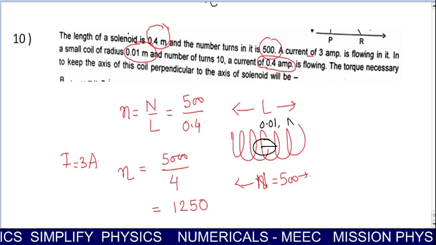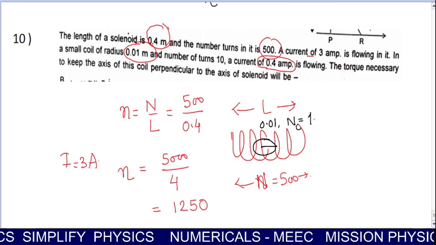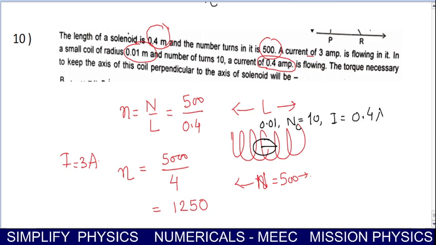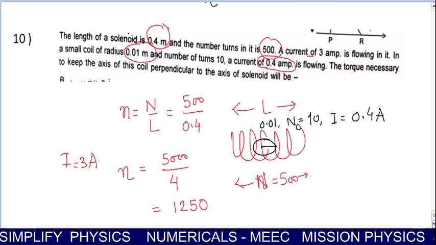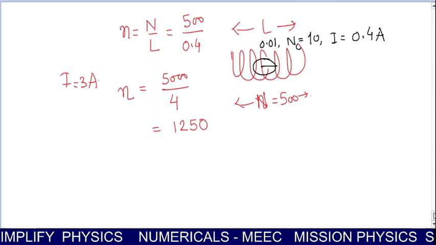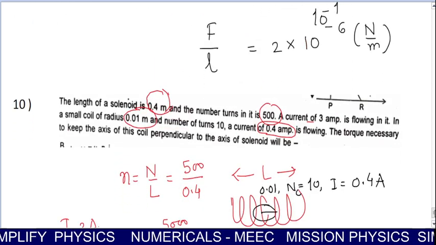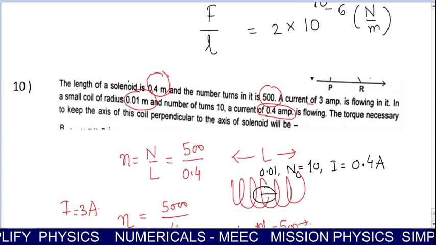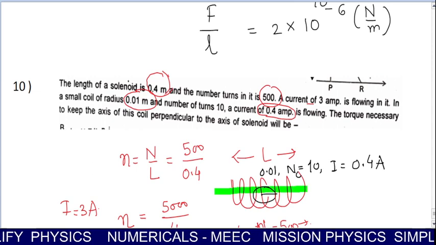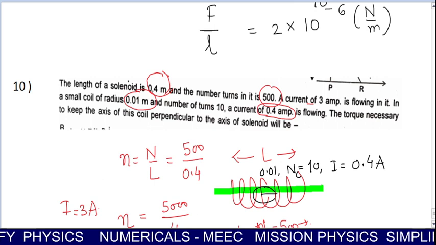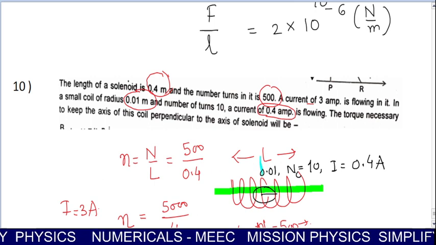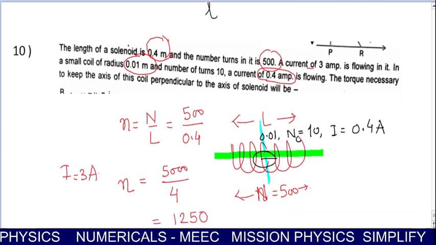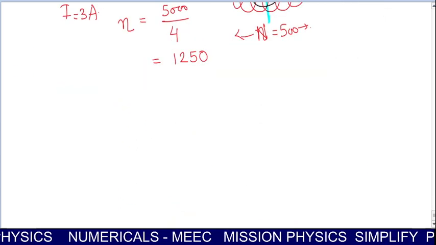The number of turns in the coil is 10 and the current flowing in the coil is 0.4 ampere. So we have to find the torque necessary to keep the axis of the coil perpendicular to the axis of the solenoid. So this is the axis of the solenoid and the axis of the coil should be perpendicular to the axis of the solenoid according to the requirement of the question.